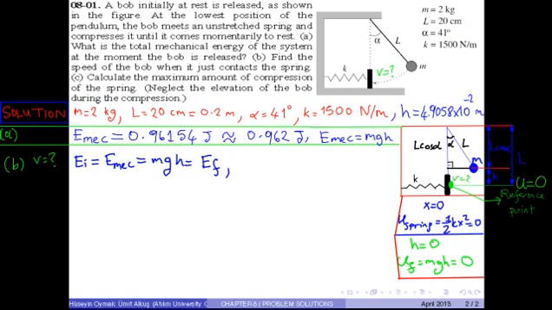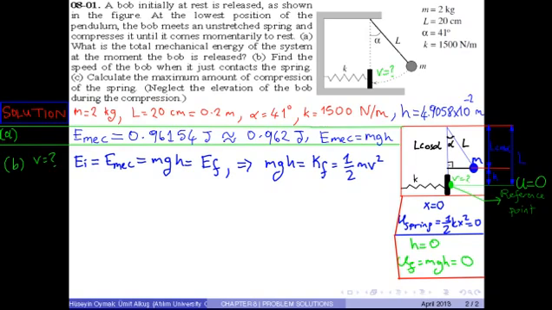Then we have only the kinetic energy of the bob as 1/2 times m times v squared. Therefore, from the law of conservation of the total energy, we find m times g times h, which is the total mechanical energy, equals 1/2 times m times v squared. That is the final energy of the system.